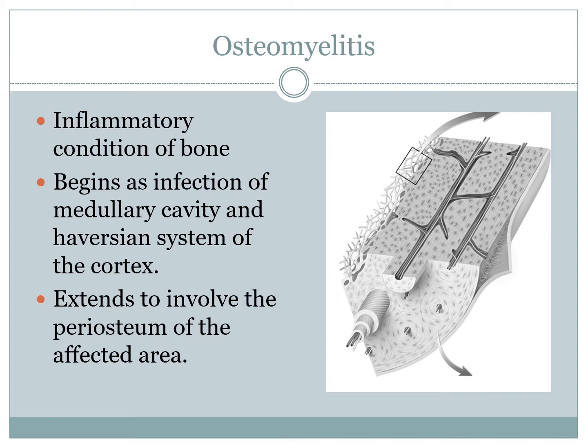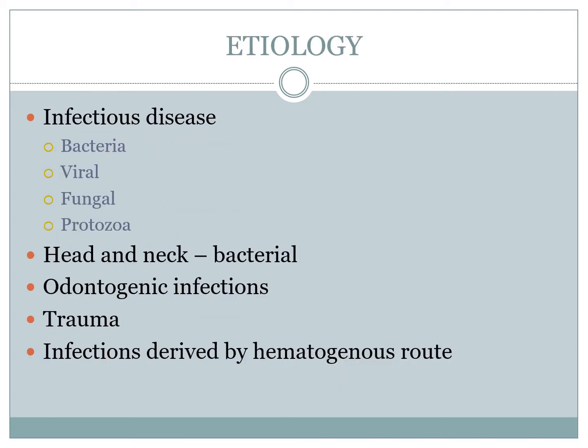Inflammation is produced by our own body, and infection is caused by a foreign body. The main etiological factors for osteomyelitis are bacteremia, viral, fungal, and protozoal infection, or head and neck infection like bacterial or odontogenic infection, or trauma, or infection derived by the hematogenous route.